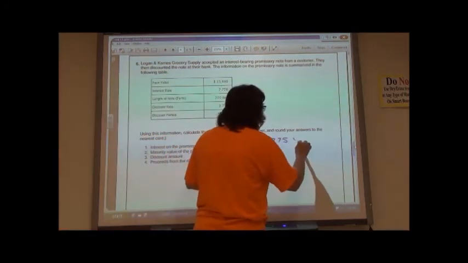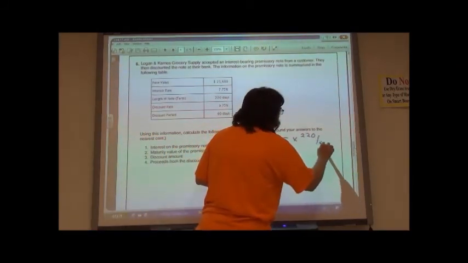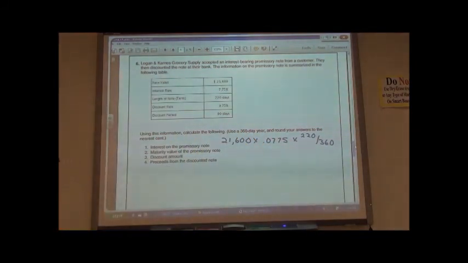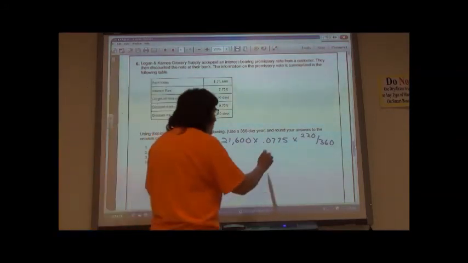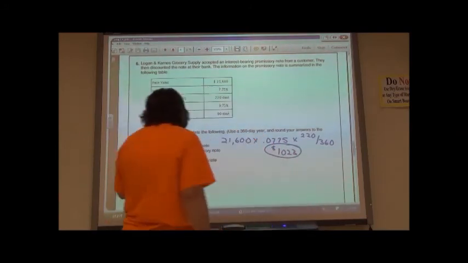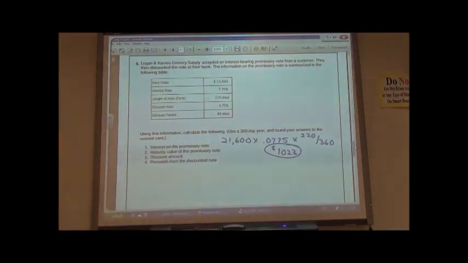The length of the note, 220 days, so 220 over 360. So 21,600 times 0.0775 times 220 divided by 360 would give me $1,023. So $1,023 would be the interest on that promissory note.